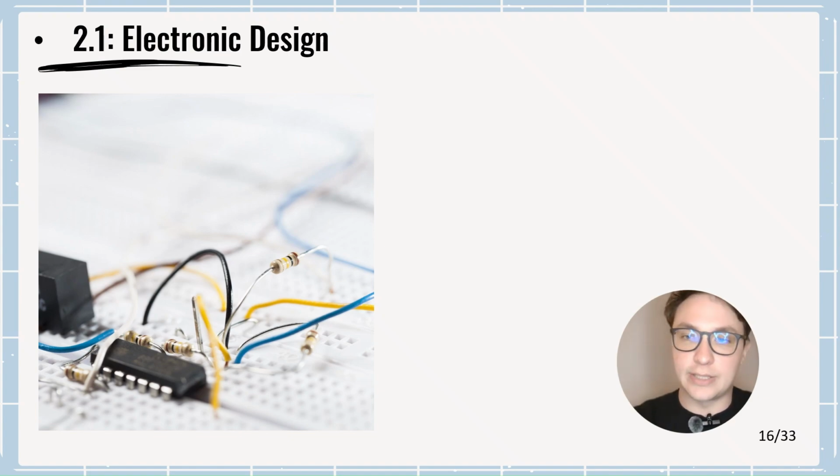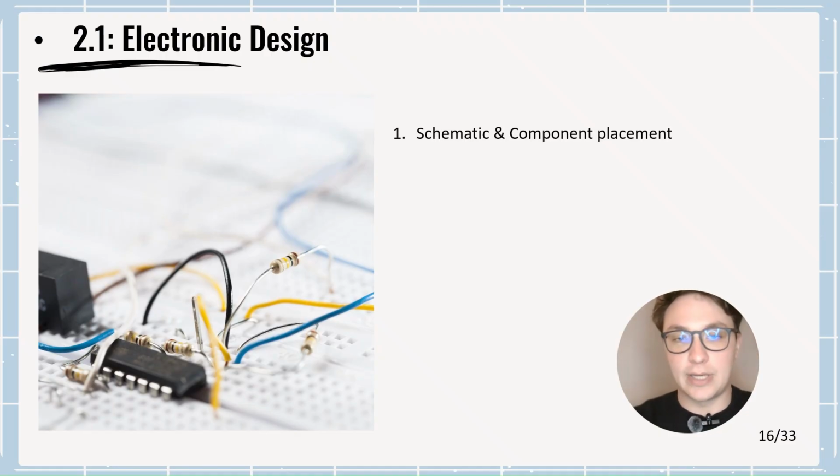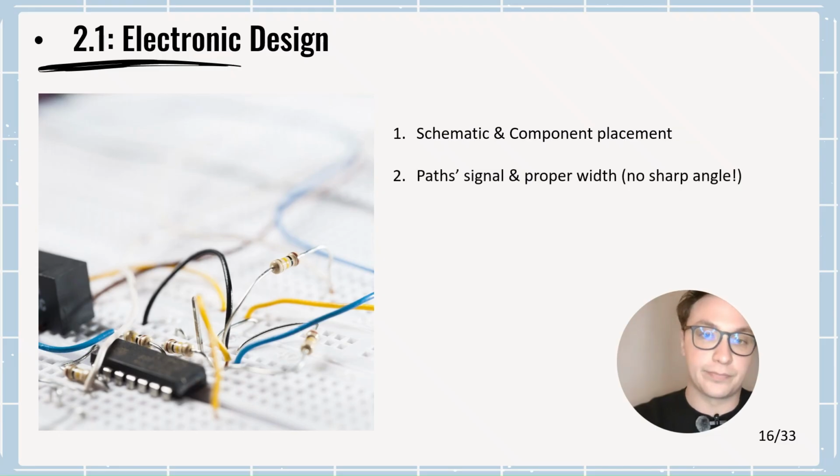Coming to the electronic design, I would like to briefly report here the building blocks of a PCB, the most generic one, just to give you a quick recap of the very basic principles of electronic design. So of course it's very important to create a clear and correct schematic before starting the PCB layout and verify all the component connections and values.